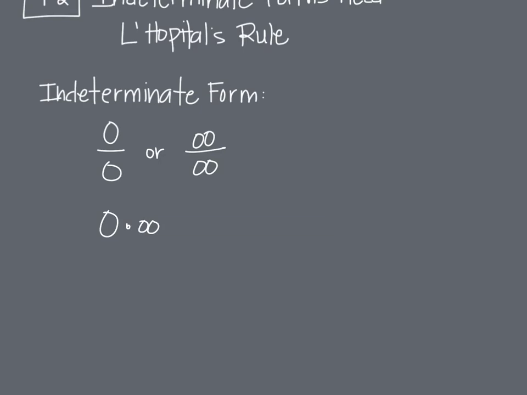This is just a new indeterminate form. Okay, so there are indeterminate forms. Maybe I can label them. There are division indeterminate forms, there are multiplication indeterminate forms, and there's a subtraction indeterminate form. Because you've always been told anything minus itself is going to be 0, except for infinity, because you can do infinity minus infinity and still have infinity left. Right? You can take infinity away from infinity and still have infinity left over. So that is also called an indeterminate form.